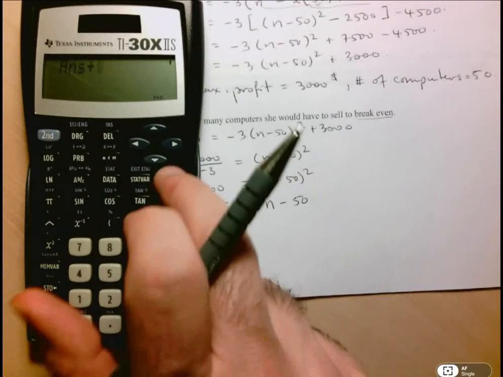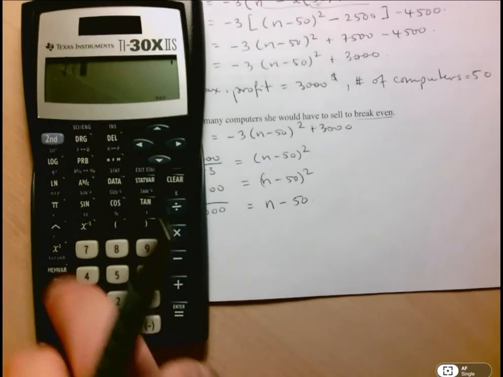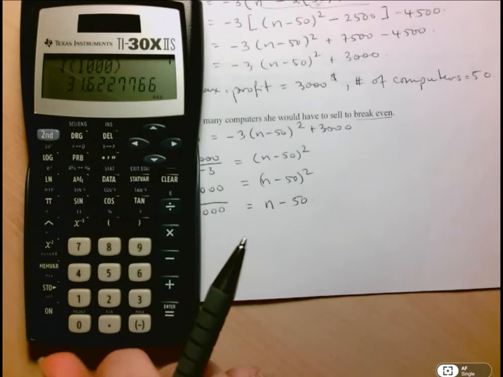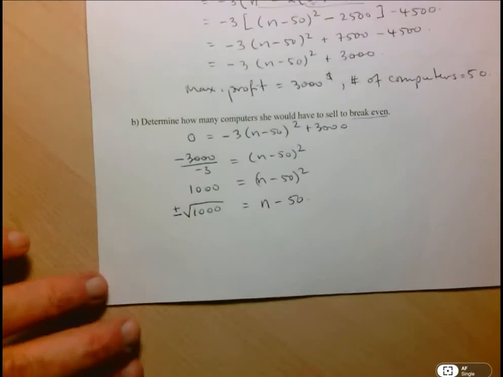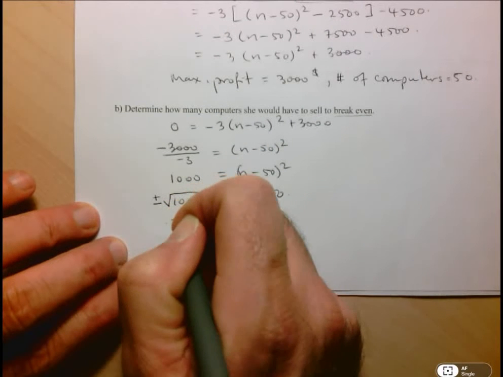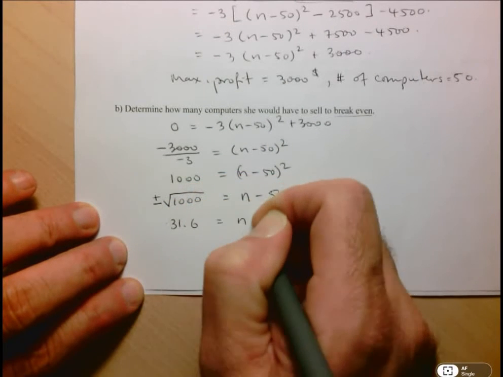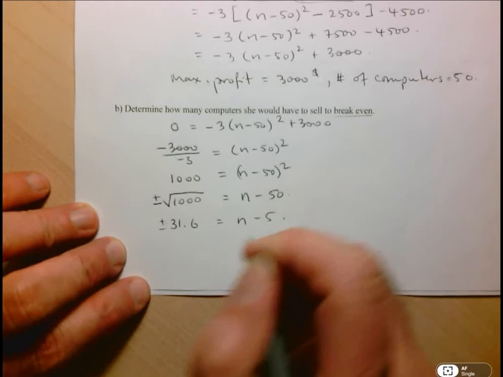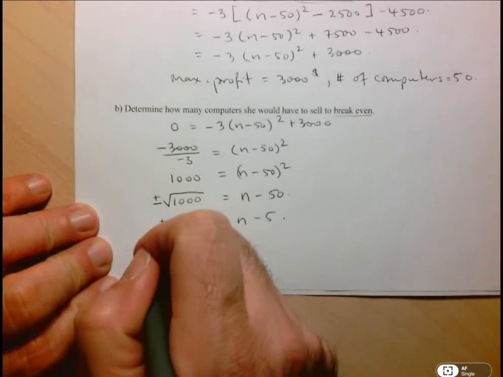So, square root of 1,000. Okay, so we got about 31.6. Remember, both positive and negative possibility. And now I can solve for n. So I have to consider both possibilities.